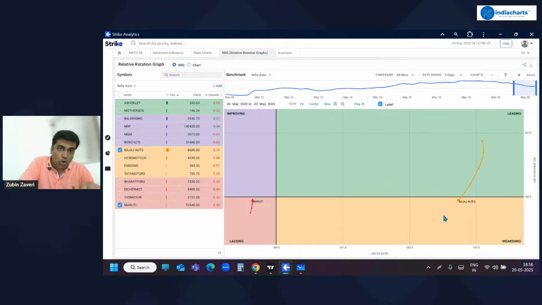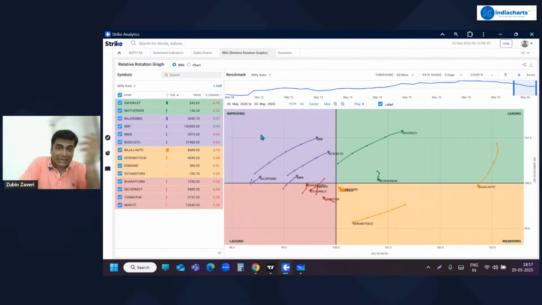So if the overall auto index improves, then Maruti will also go from improving into the leading quadrant, and Bajaj Auto may also directly take a shortcut into the leading quadrant. If that happens, in that case, we will focus on Bajaj Auto rather than Maruti.